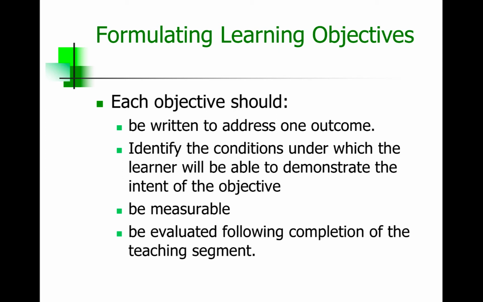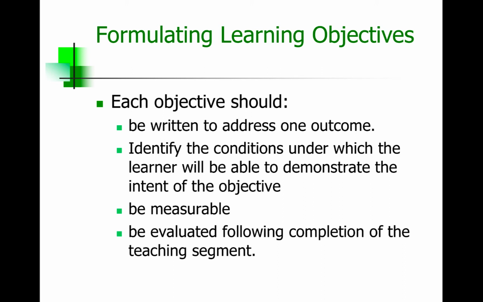Each learning objective should be written to address one outcome, just as when you write a goal you want to address one outcome so you know whether you were able to meet it or not. They should identify the conditions under which the learner will be able to demonstrate the intent of the objective.